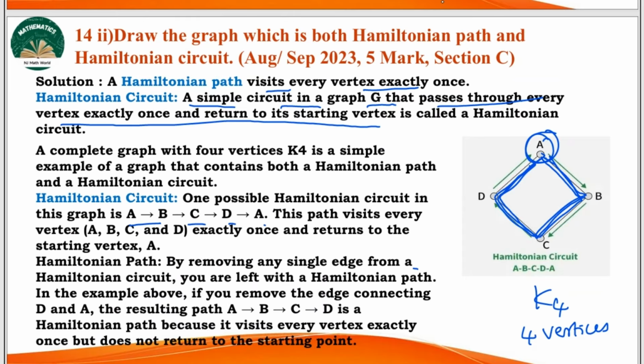For example, if I remove this edge AB, and write it as A, B, C, and D, this will be a Hamiltonian path. If you remove any one edge, it becomes a Hamiltonian path, because it visits every vertex exactly once but does not return to the starting point.